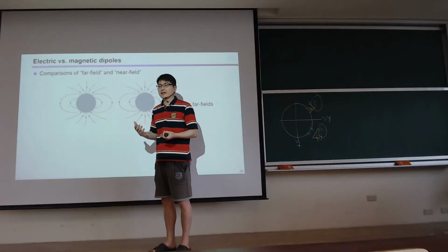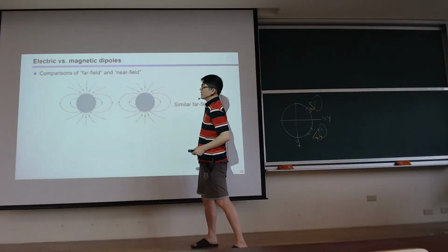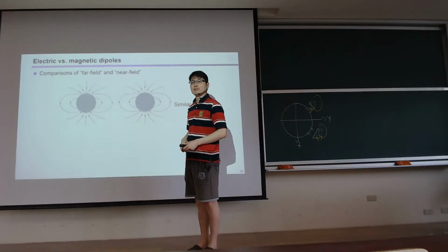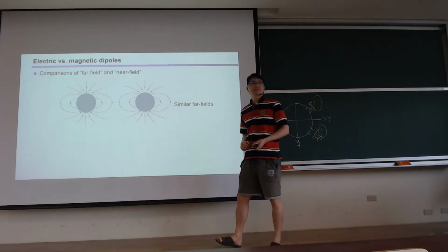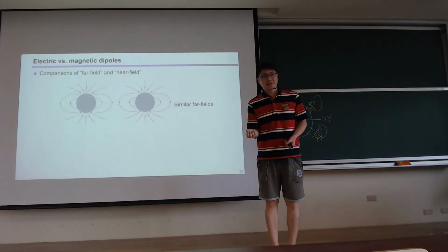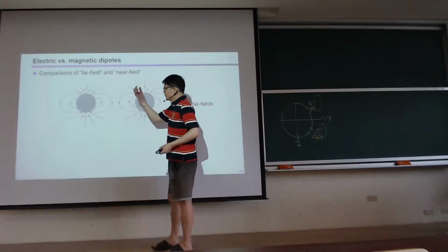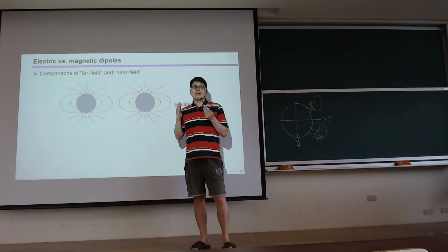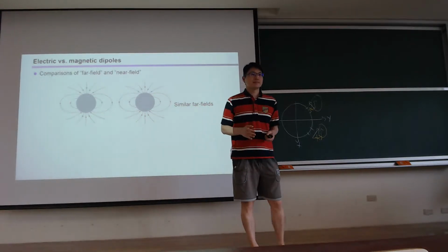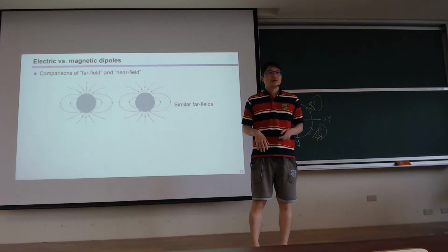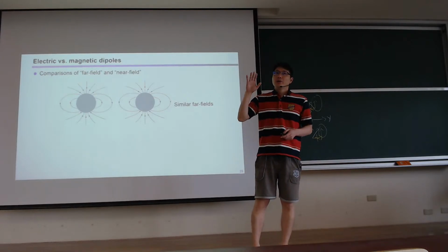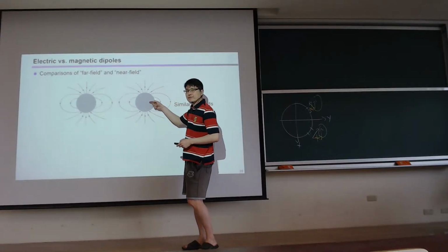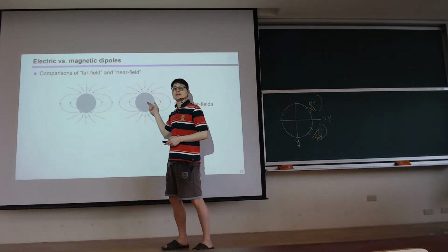So if I don't really tell you which dipole you're looking at from the far field, looking far away, can you tell which is which? They are identical. The field lines of an electric dipole and a magnetic dipole are identical. They're indistinguishable. You can only know which one is which by going into the near field, when you walk very close to the dipole.